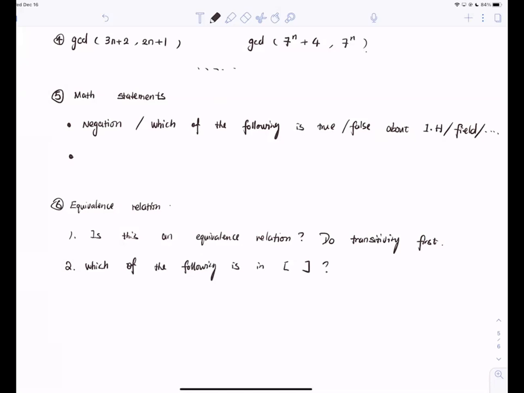I'll just talk whenever I come up with something, but can't guarantee anything. What else? Let me have a look at past exams and I'll think about more. Past exams.